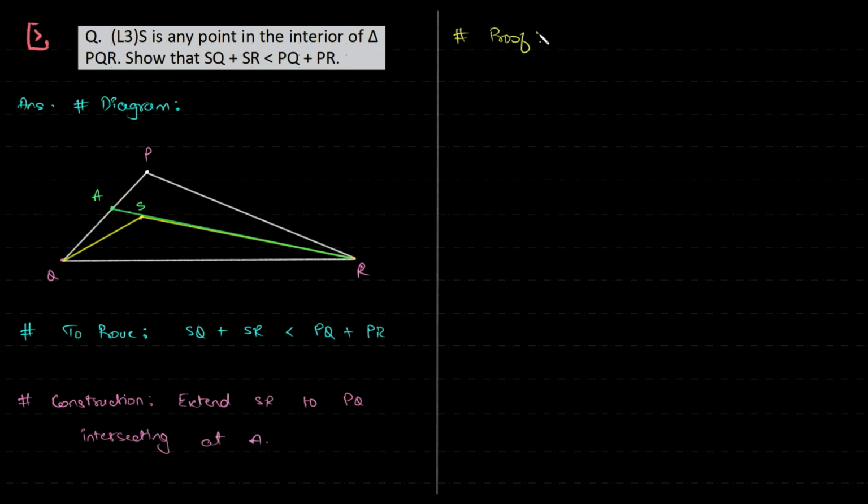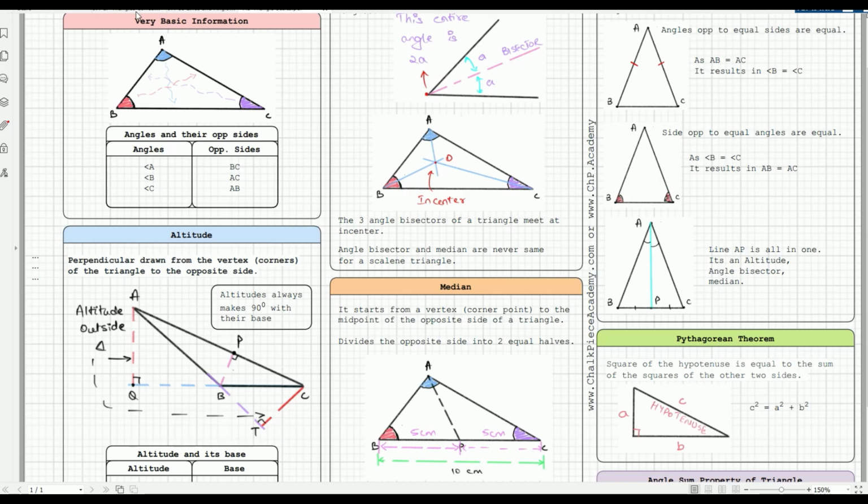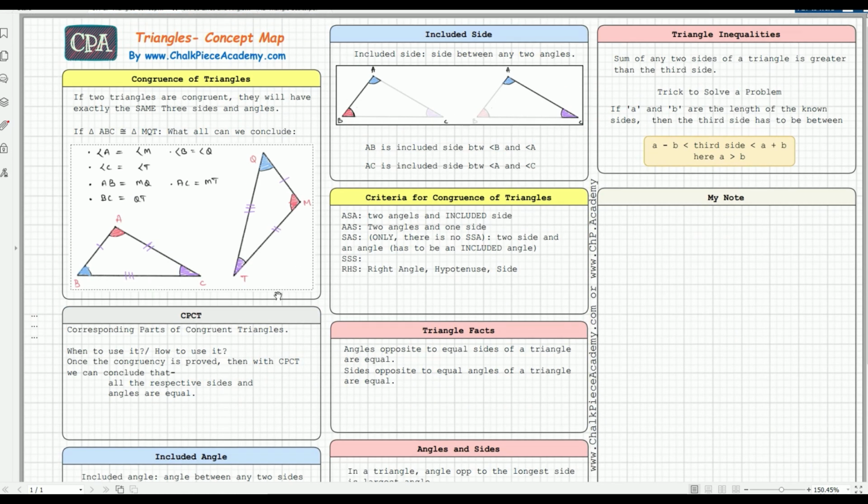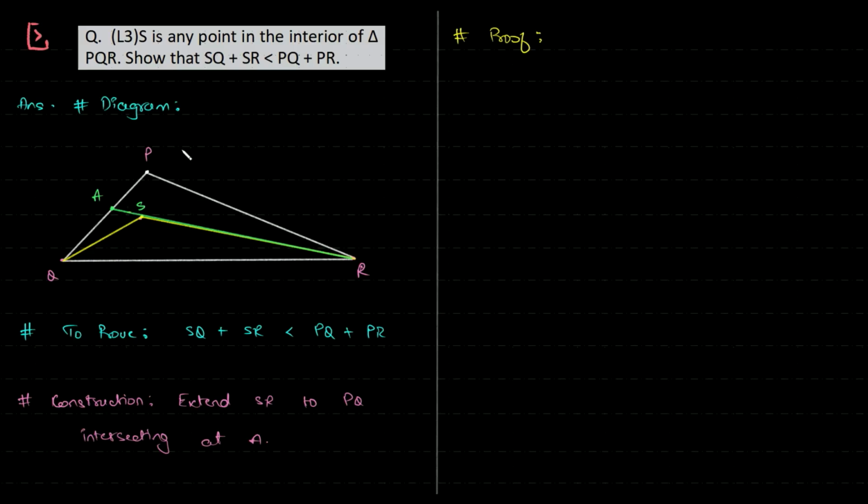See, clearly it has to do with inequalities. I hope you guys remember inequalities. Sum of any two sides of a given triangle is greater than the third side, right? So in triangle, we'll begin with PAR. What are we looking at?